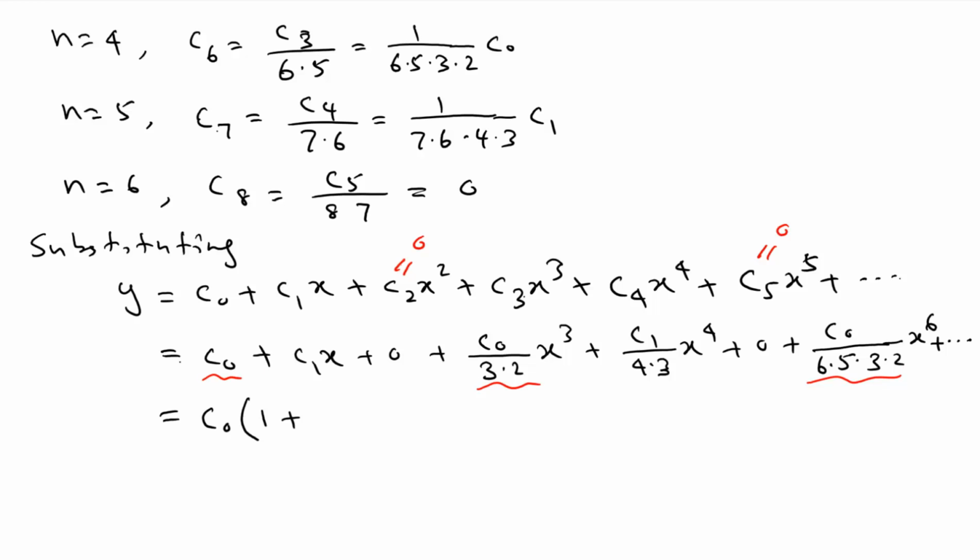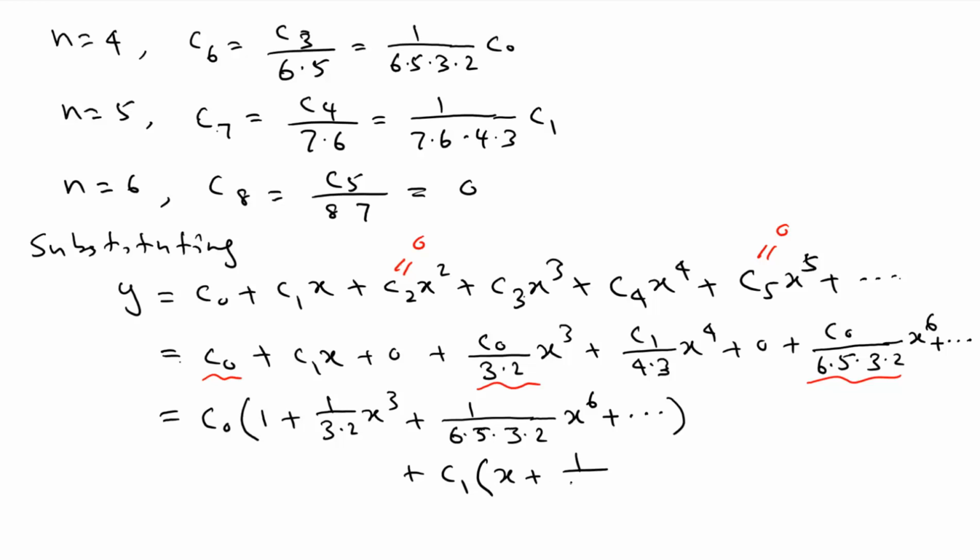So let's write them together: 1 over 3 times 2 x cubed plus 1 over 6 times 5 times 3 times 2 x to the 6th. Those are the c0 terms, plus the c1 terms are x plus 1 over 4 times 3 x to the 4th, like that.